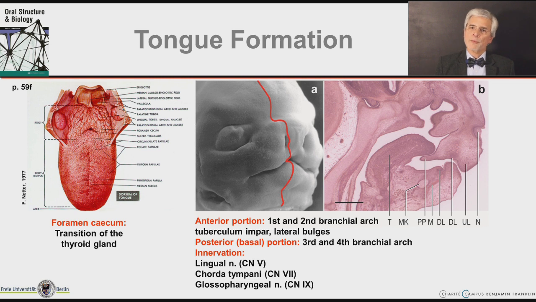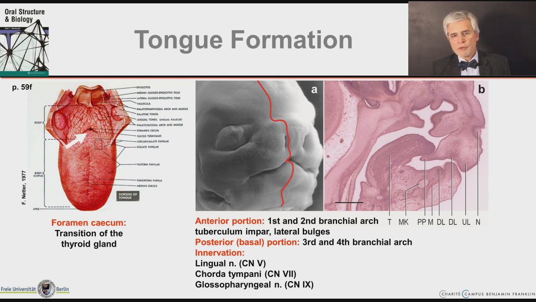And here in these pictures, we are a few days later, and it is now about the composition, the shape, and the innervation that results from 3 visceral arches. The base of the tongue arises in the area of the third visceral arch. This is also the area of the lingual tonsils.